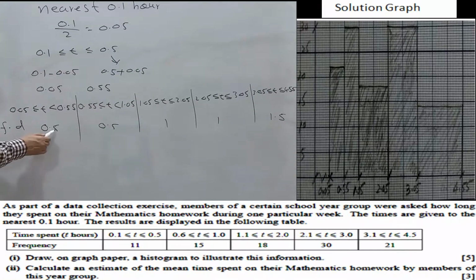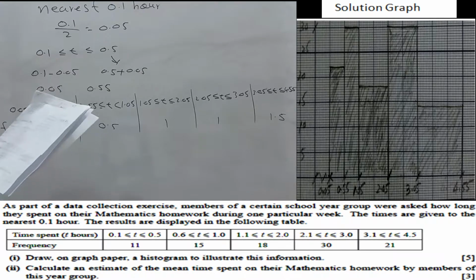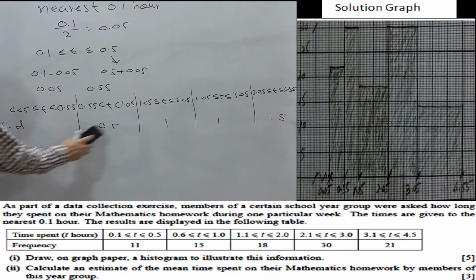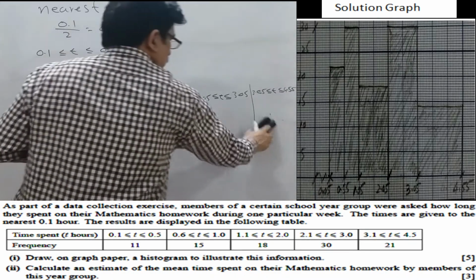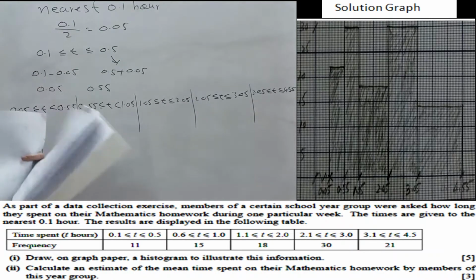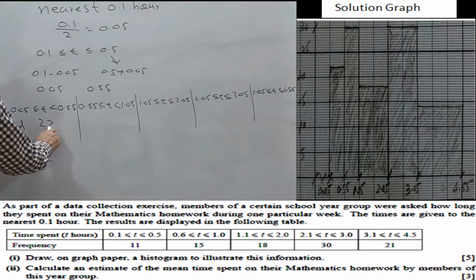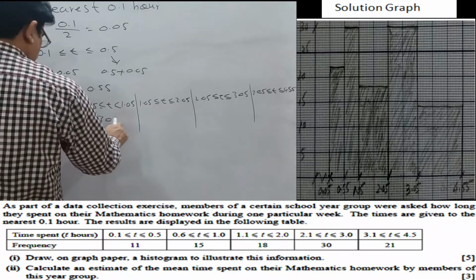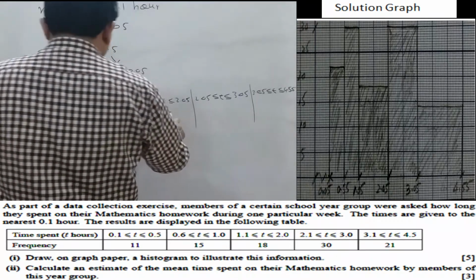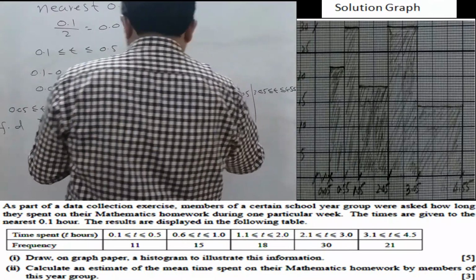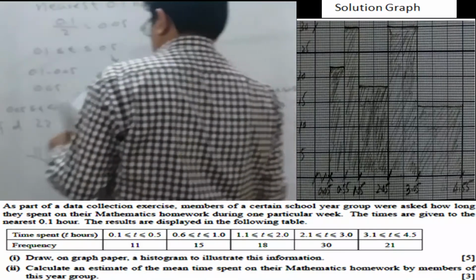Again see how I got this. You divide the frequency, 11, divided by the class width.